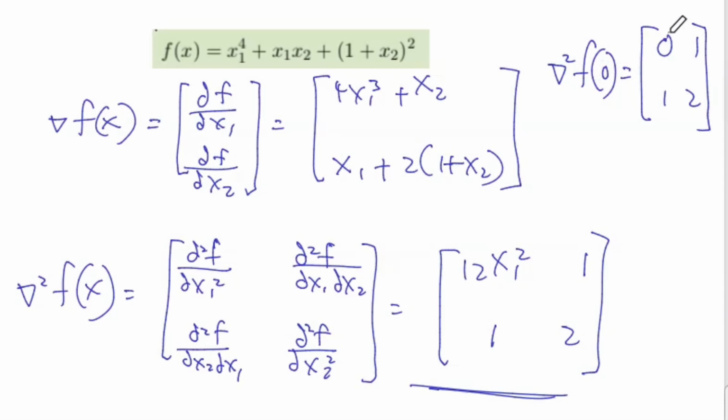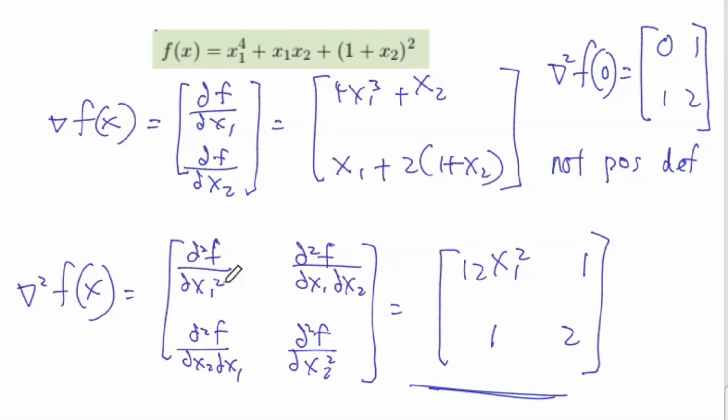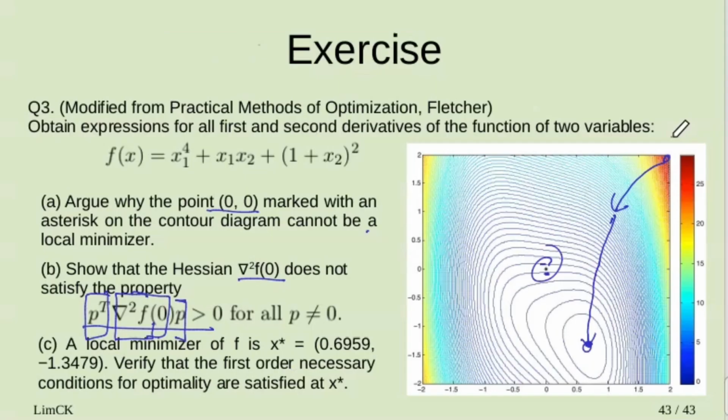Obviously, there is a 0 on the diagonal, and that means this is not positive definite. Since this is not positive definite, this property cannot hold, because this is a property of a positive definite matrix. So you have shown that using the concept of positive definite.